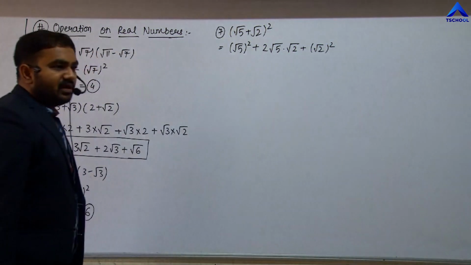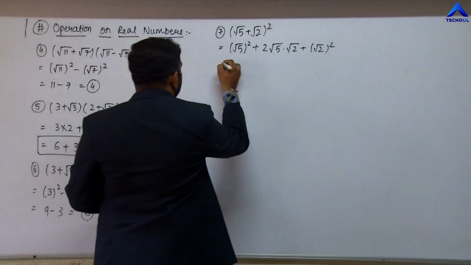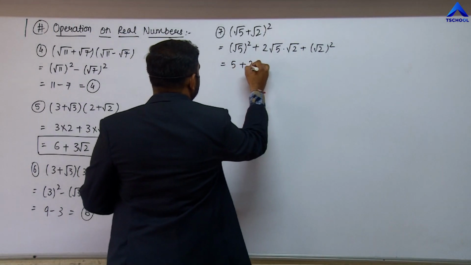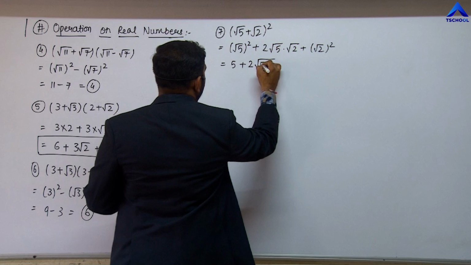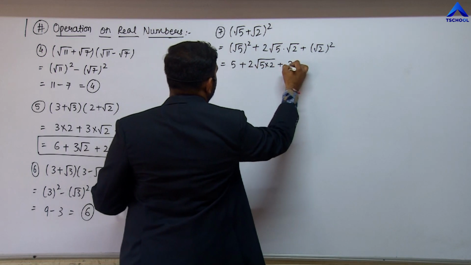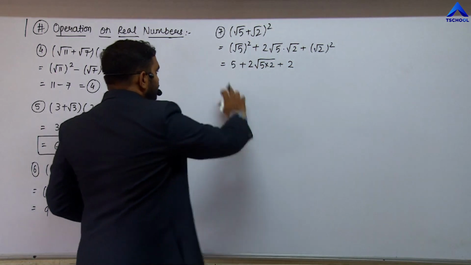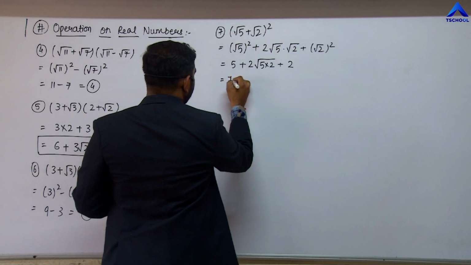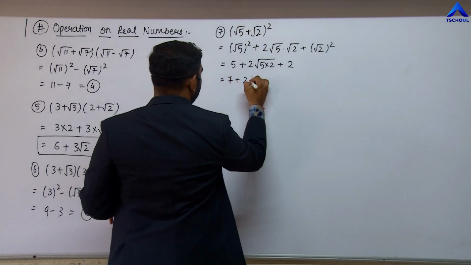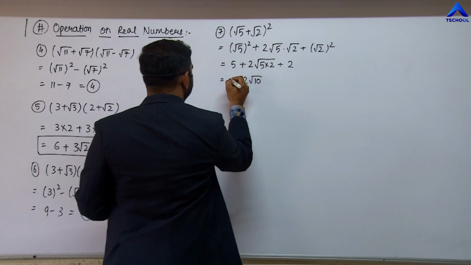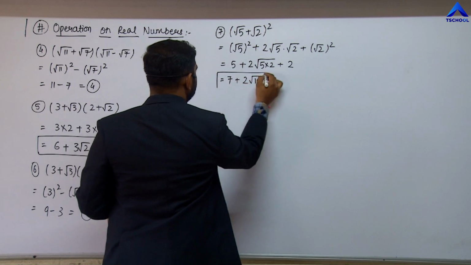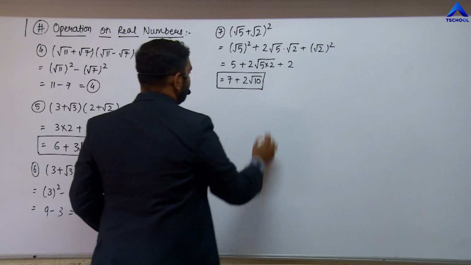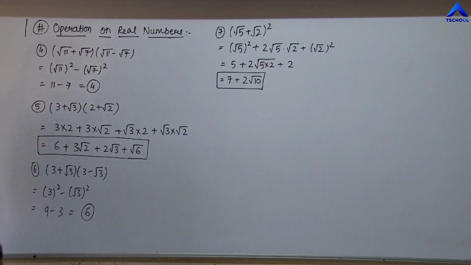Yes or no? What is root 5 whole square? That is equals to 5 plus 2 into square root of 5 into 2 plus root 2 square is 2. So 5 plus 2 becomes 7 plus 2 into root 10. So that is the answer, 7 plus 2 root 10. Is it clear, friends, everyone?